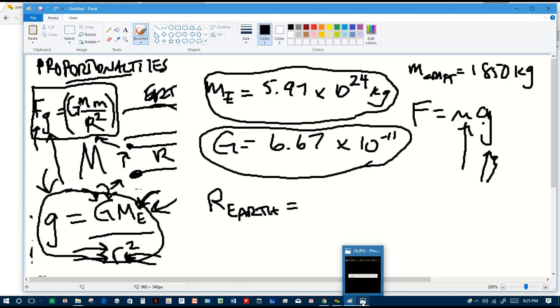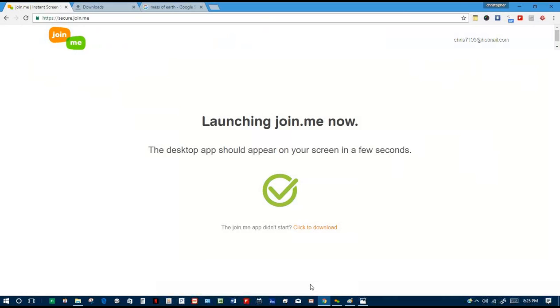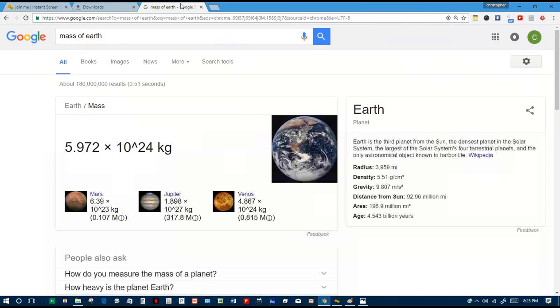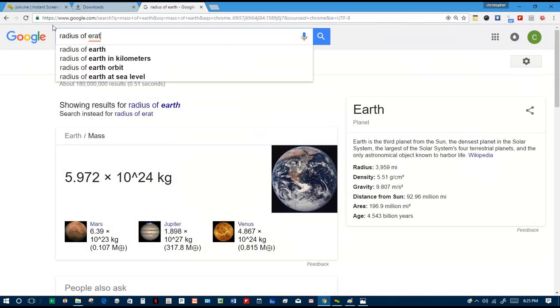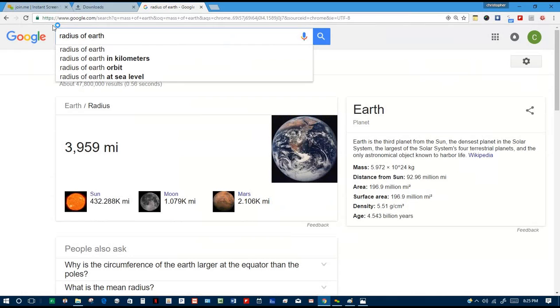And the radius of the Earth is about 4,000 miles, but can we use miles? No, it's got to be in meters. So, let's see, radius. Oh, there it is. It's not giving it to me in meters. It's still giving it to me in miles.